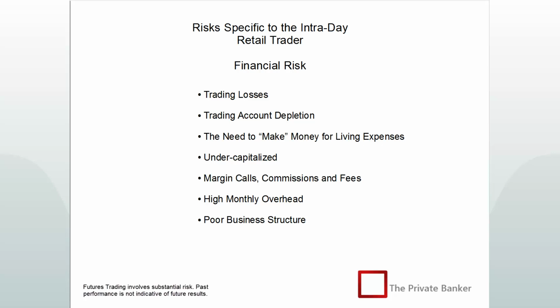But in essence, how you structure your business, how you title your accounts, the taxation of that, and how you distribute those assets can make a big difference. So that's something for a later time, but it's certainly a concern as far as financial risk goes.